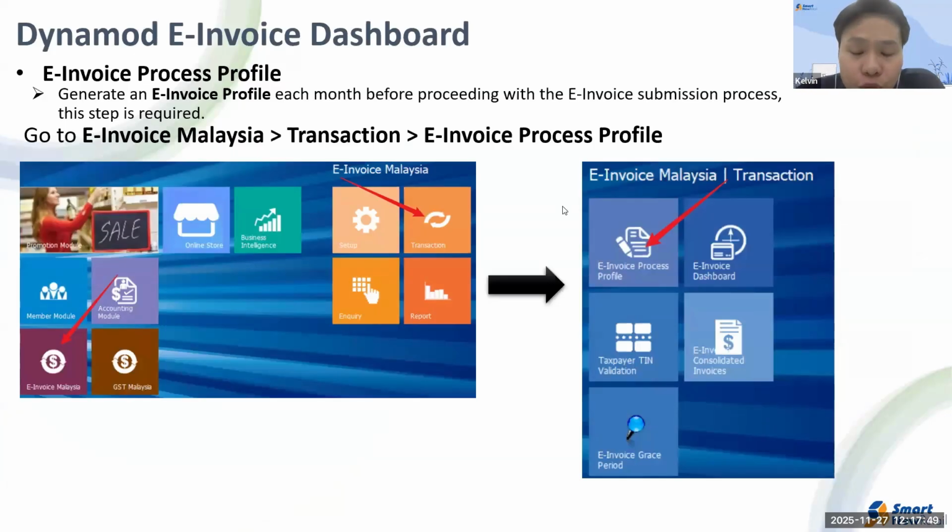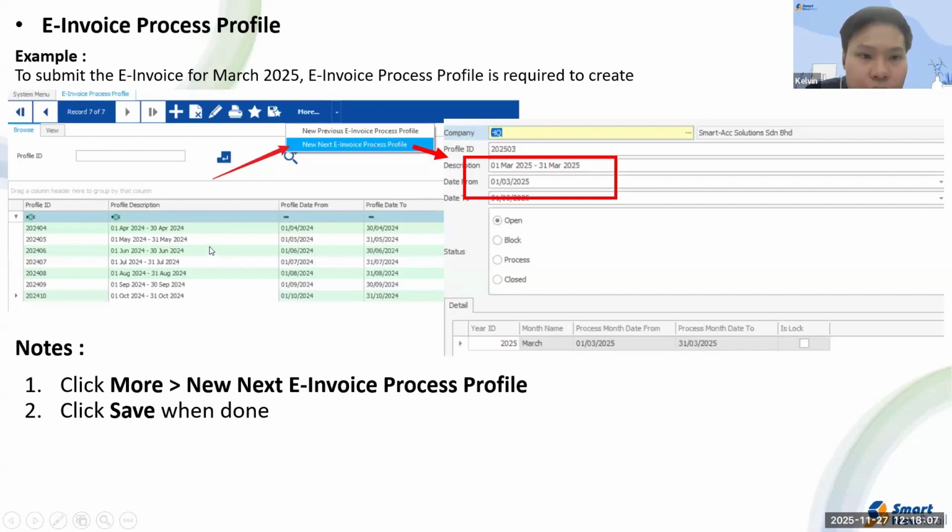So before we do the consolidate, there are some settings you need to set, where you can go to e-Invoice Malaysia, transactions, then e-Invoice process profile. Here, you first click the add button to add a record.